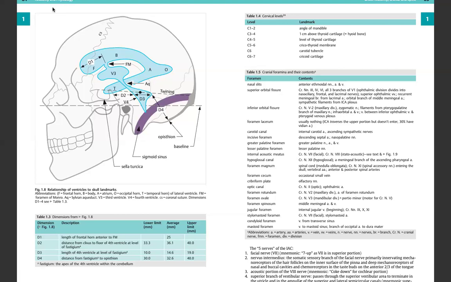So essentially, that's it for the ventricles. It's expected that the midpoint of Twining's line should lie within the fourth ventricle. So as it crosses from the anterior clinoids up to the torcula, the midpoint of it should lie within the fourth ventricle.